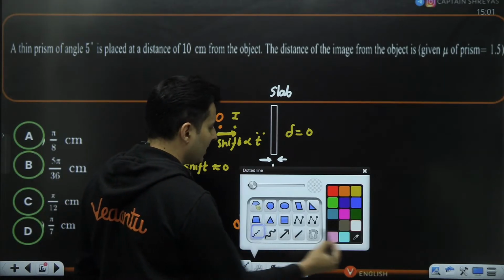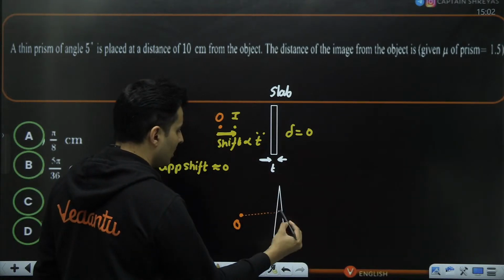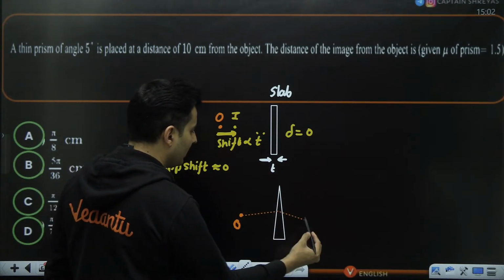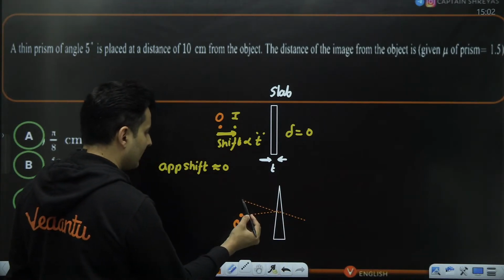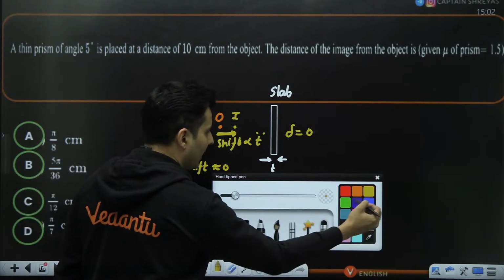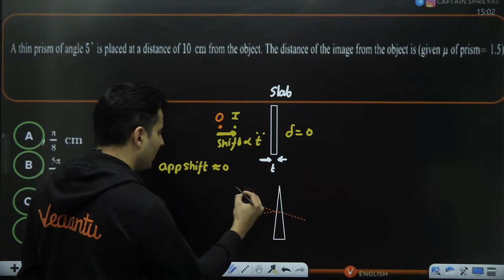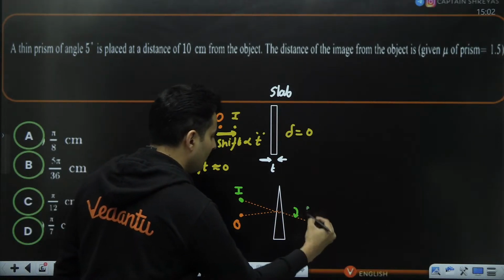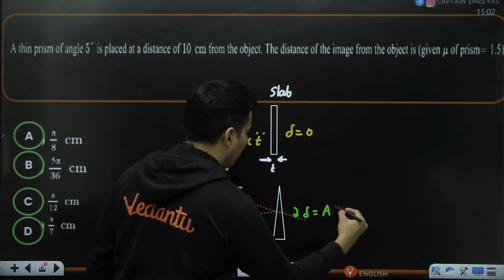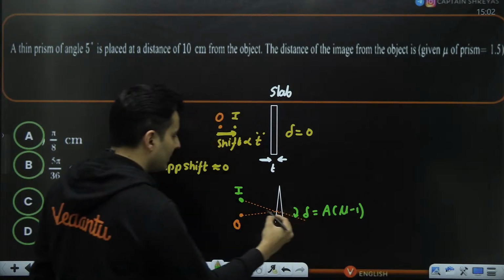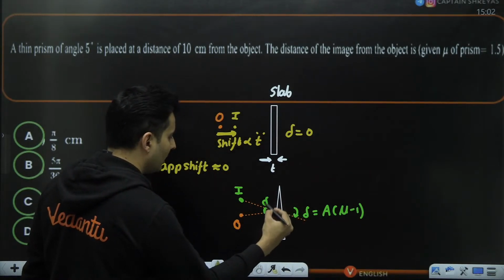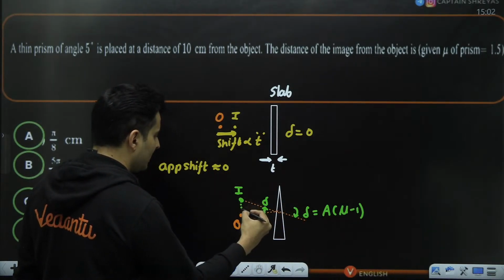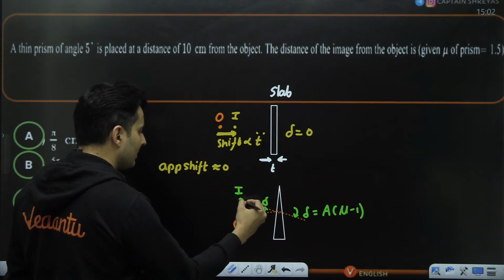Deviation is not 0 in case of a prism. If the ray is going like this, it will be deviated like that. So you have to extend it behind to see where that image will be formed. So definitely there is a deviation, and that deviation is angle of prism into mu minus 1. That same deviation will be this delta over here. And this is the distance which is asked.